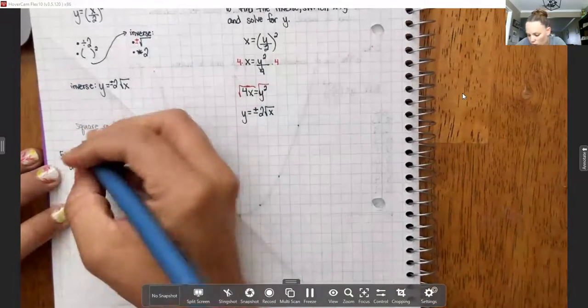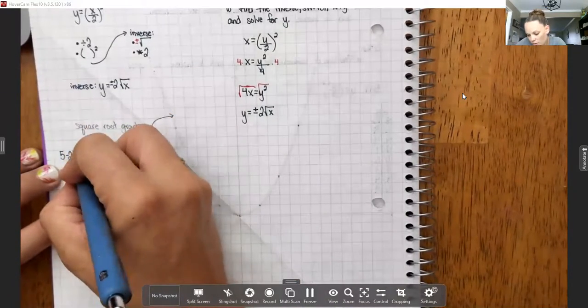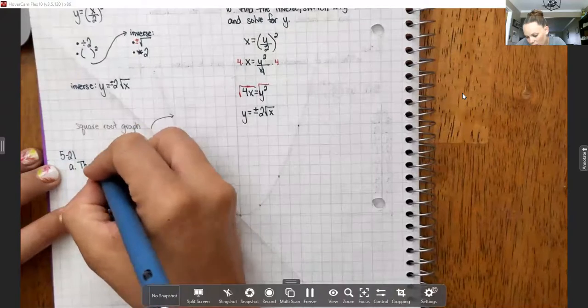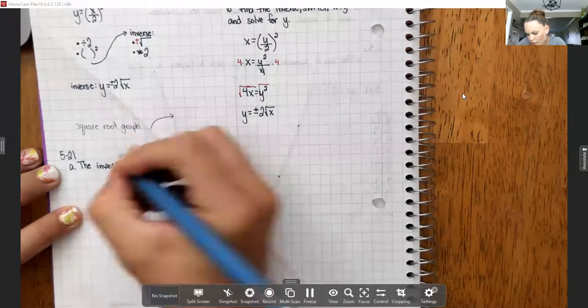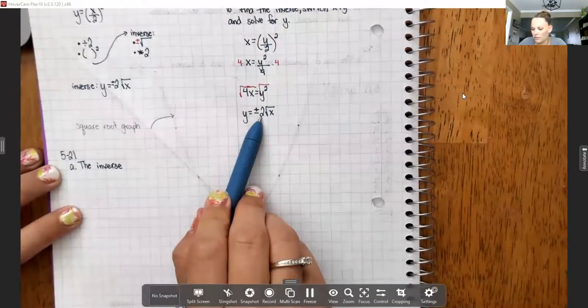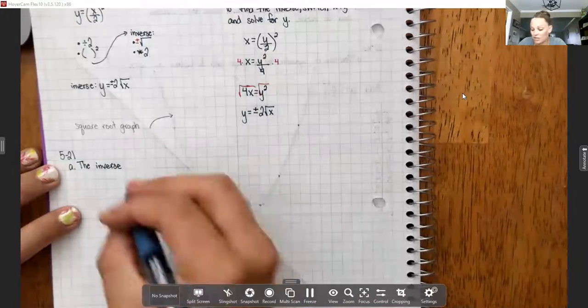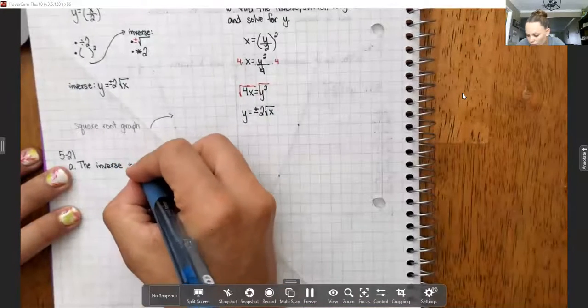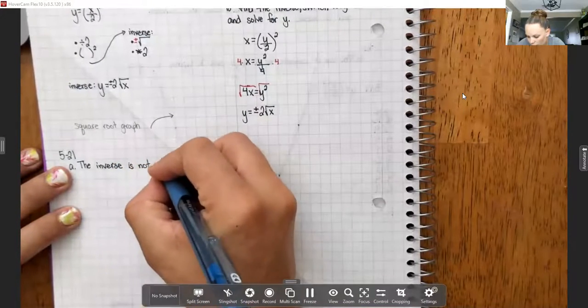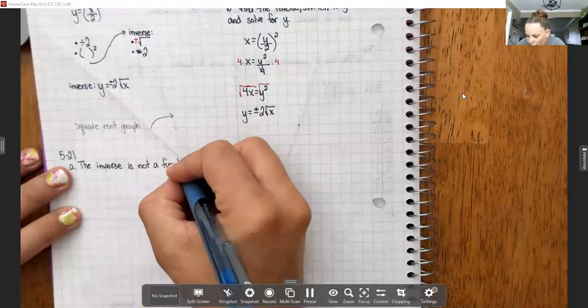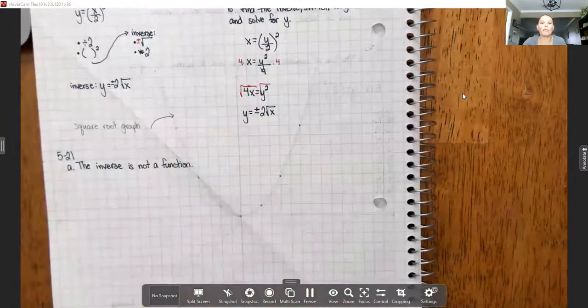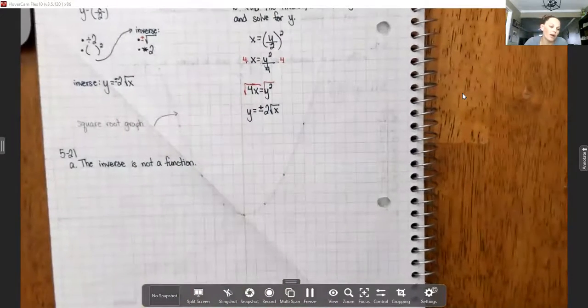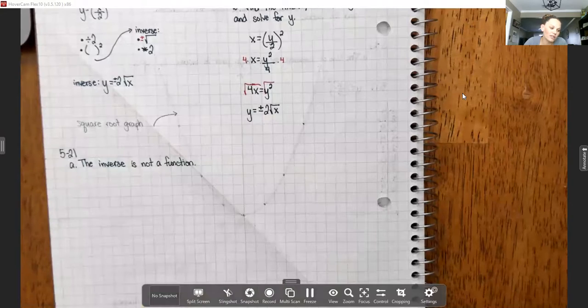So the inverse, which is this guy, is not a function. And we can tell by looking at the graph, it's a sleeping parabola. We should know sleeping parabolas are not functions.